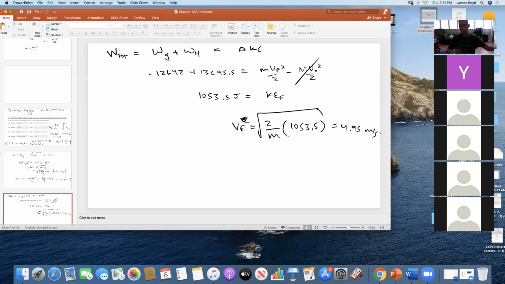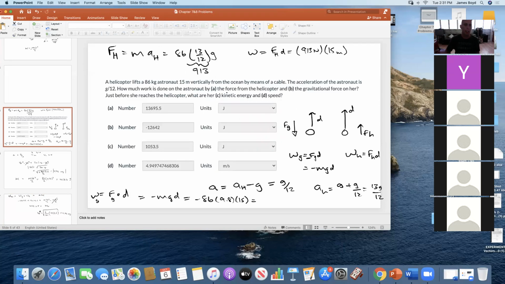So you could have done this either way. Probably the better way is using that the work is the change in kinetic energy, if all you were asked was to find the final kinetic energy. And she had no kinetic energy to begin with because her initial velocity was 0.